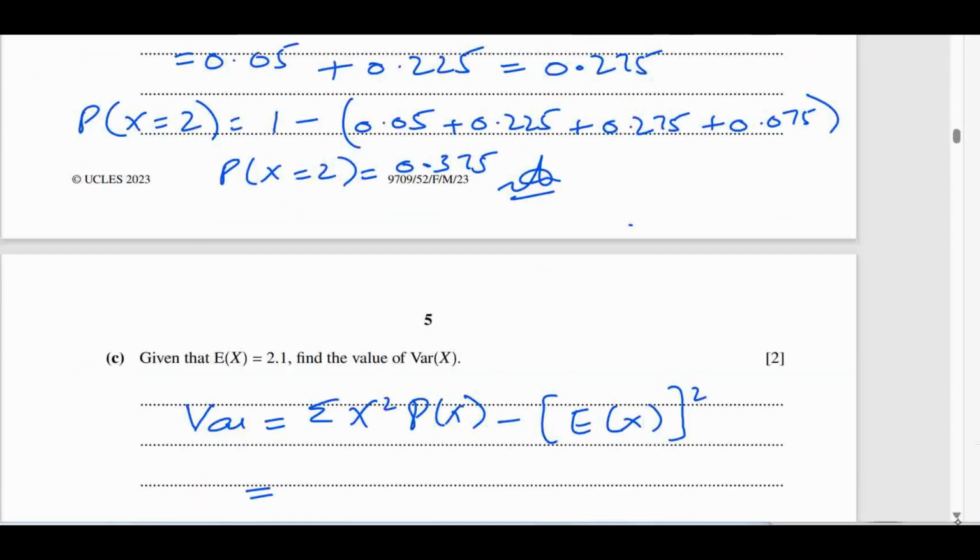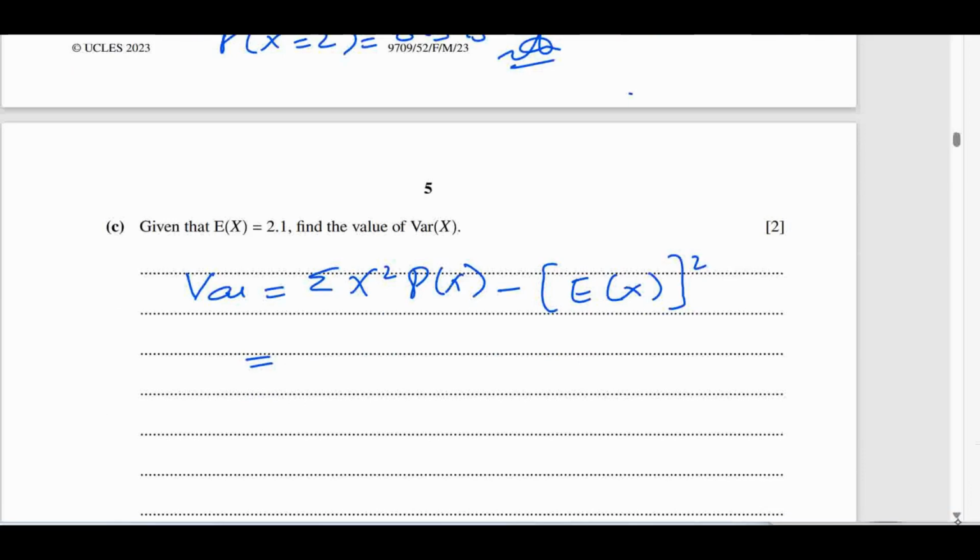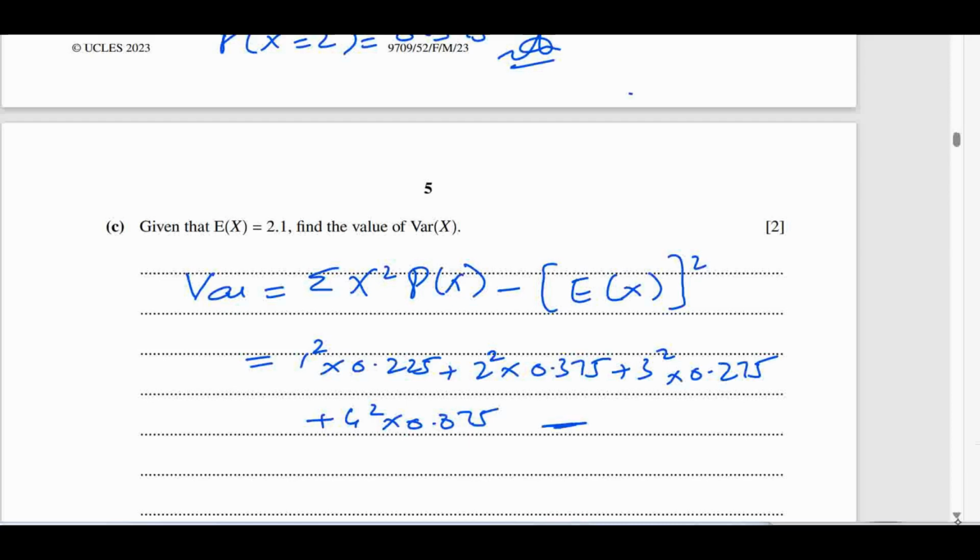So we can write it as this will be equal to 1 square multiplied by 0.225 plus 2 square multiplied by 0.375 plus 3 square multiplied by 0.275 plus 4 square multiplied by 0.075. So minus, now मीन की वैल्यू क्या है, 2.1 whole square.